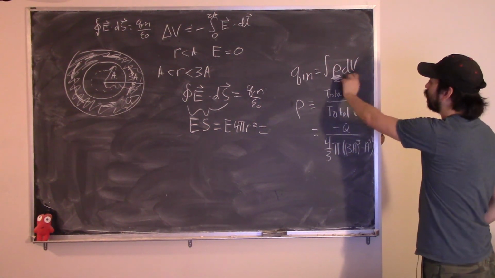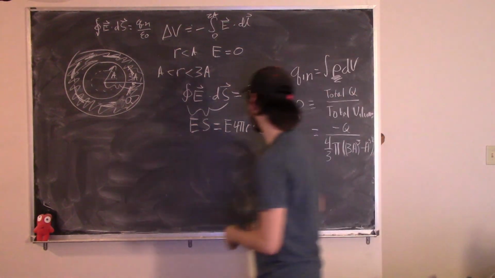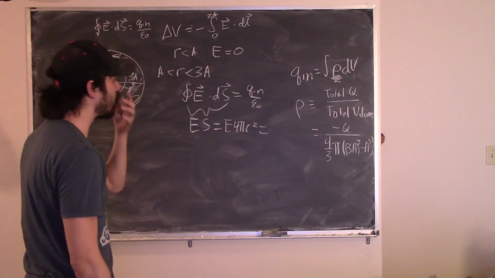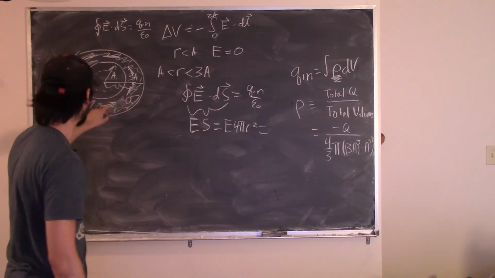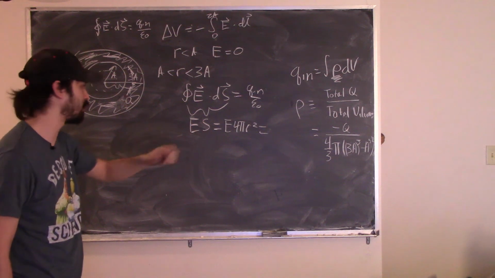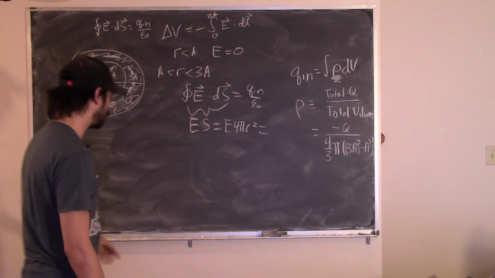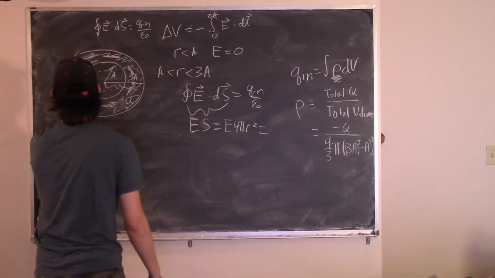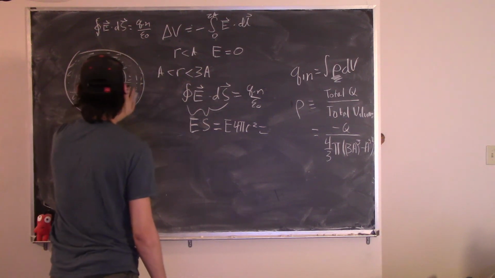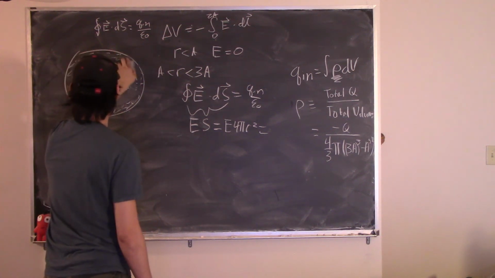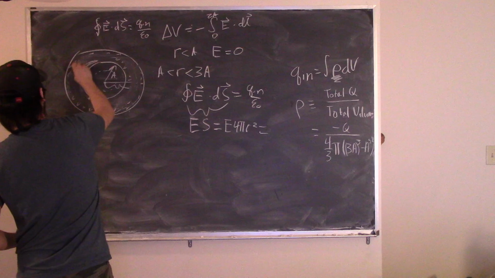Now we just need to set up the integral that we need to evaluate. This is a very important point, and if this is confusing to you, I would suggest playing this back a little bit later. I'm going to erase my shading so that I can do some more shading. Here's our Gaussian surface.